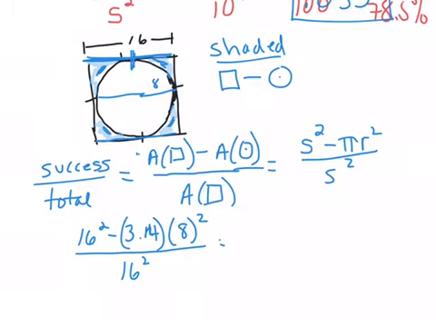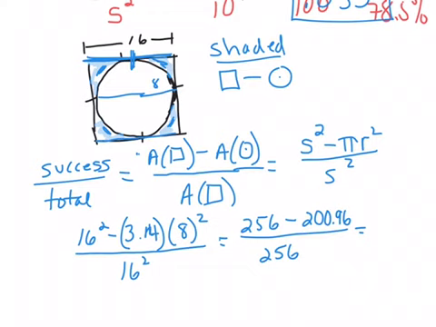Now we're ready to just take our calculators out, and let's see, 16 times 16 is 256, and then pi times 8 squared, that's 200.96. We have our 256 again on the bottom.